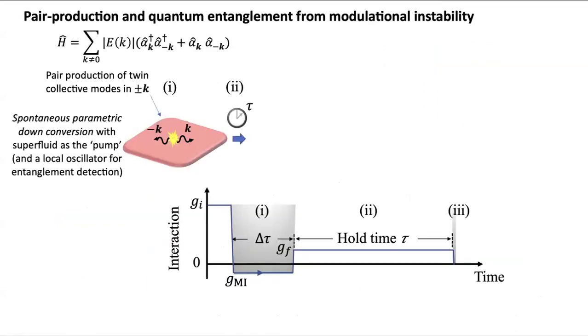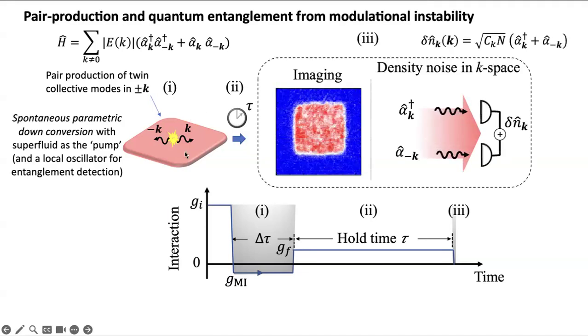So how do we test that modulation instability actually gives us two-mode quantum entanglement? Again, let me remind you: we quench the attractive interaction, and we start to grow density waves in our gas. This is like having growing counterpropagating modes. You hold it for some time, and then we quench back to attractive interaction.